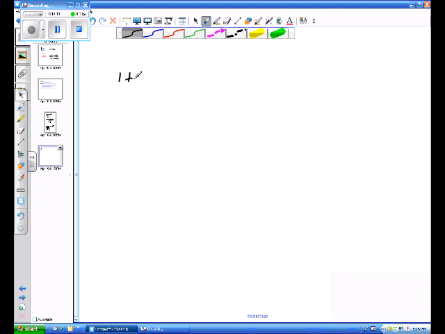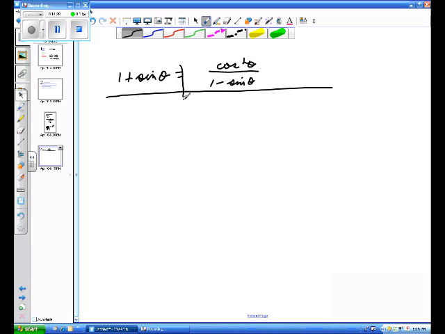We have 1 plus sine squared is equal to cosine squared theta over 1 minus sine squared. Now this side looks more complicated, so we will work with it.